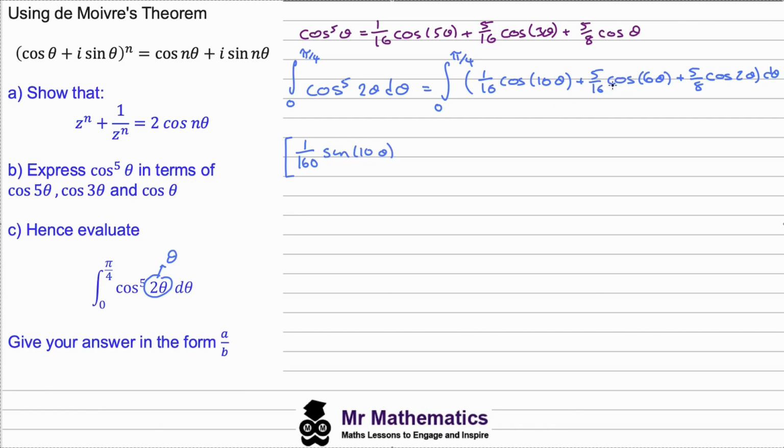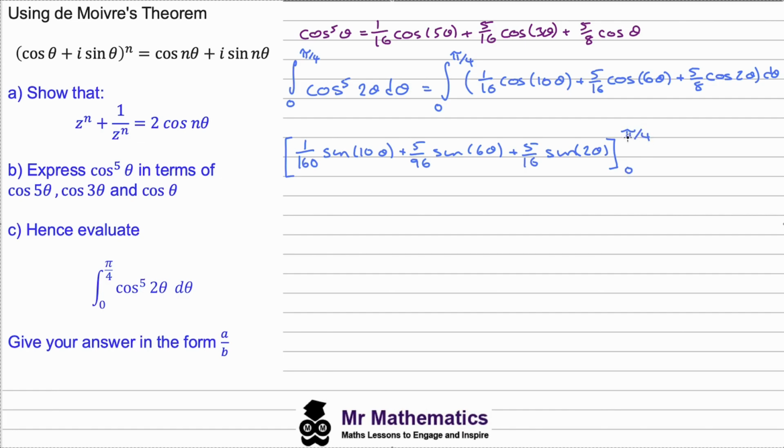We'll do the same here, and we'll get 5 over 96 sine 6 theta. We'll multiply the 8 by the 2, and we get 5/16 sine 2 theta between the limits of pi over 4 and 0.